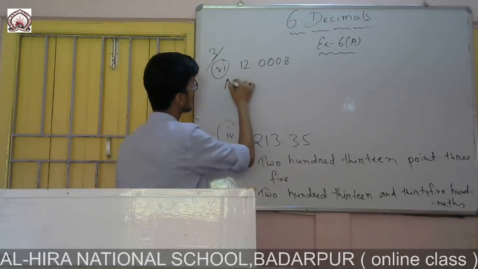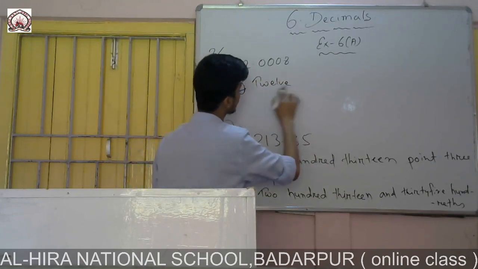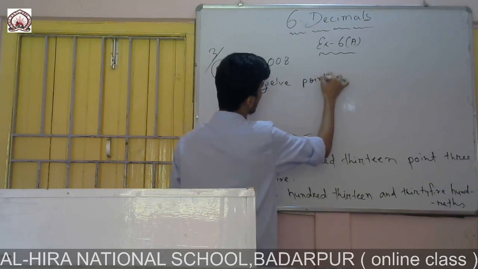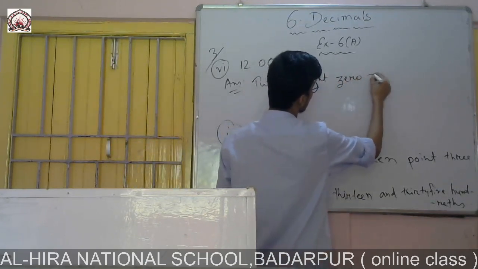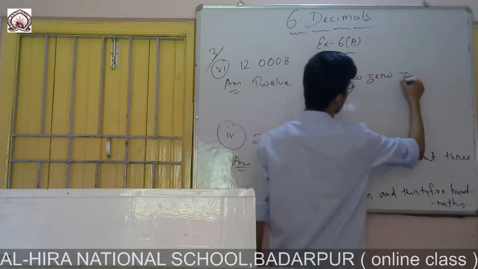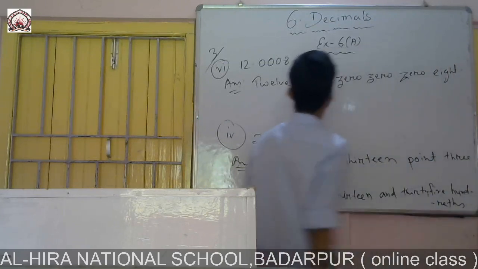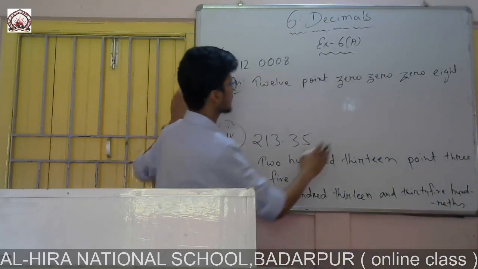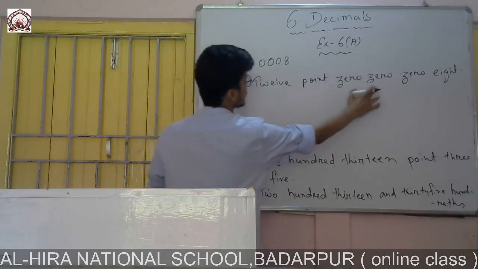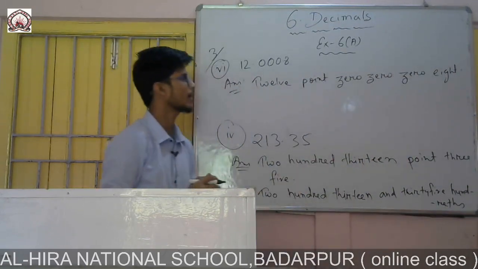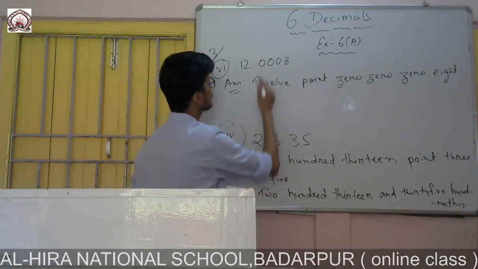So first one will be 12 point, how many zeros? There are 3 zeros, so I will write 3 times 0, 0, 0, 8. So 12.0008.